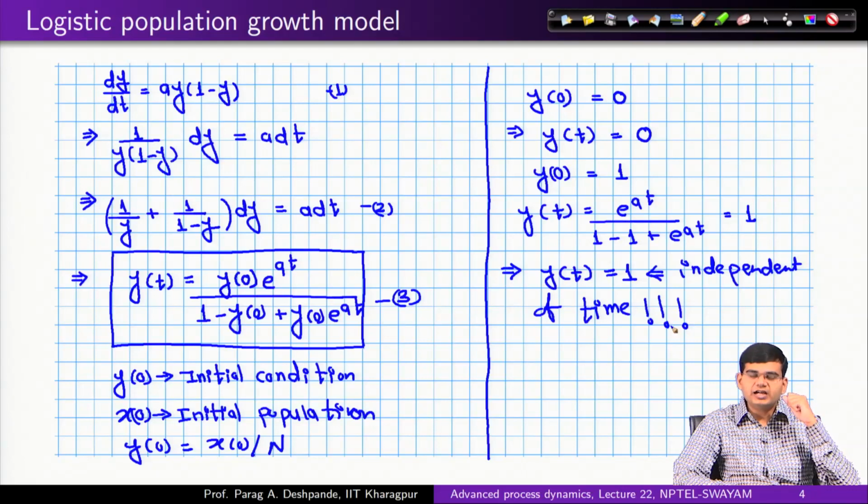But what kind of a state my system is in such that the population is not changing with time?